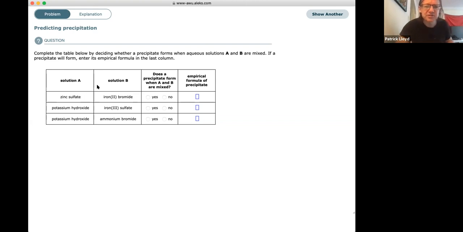Potassium hydroxide, so that's KOH, and ammonium bromide. We're going to talk more about potassium hydroxide when we get to acids and bases.